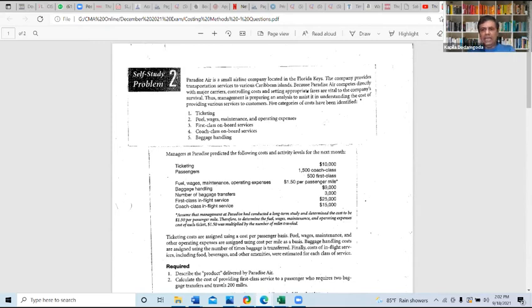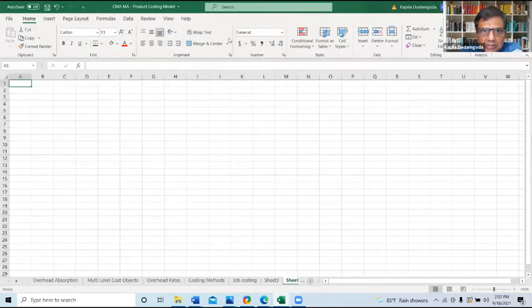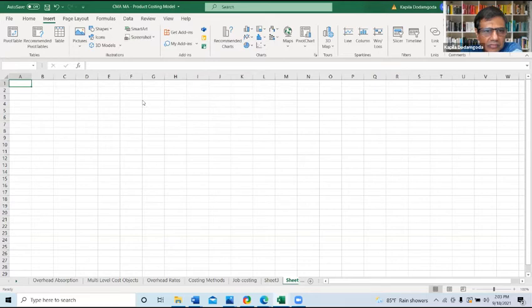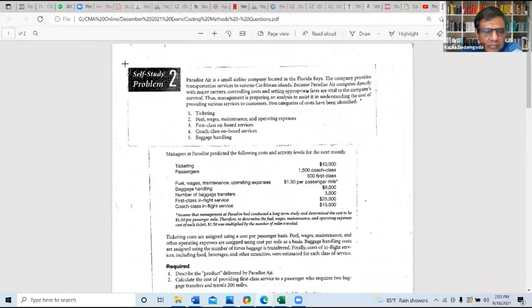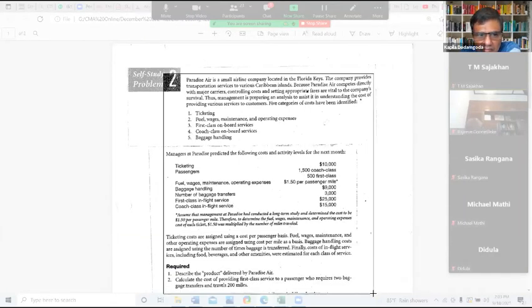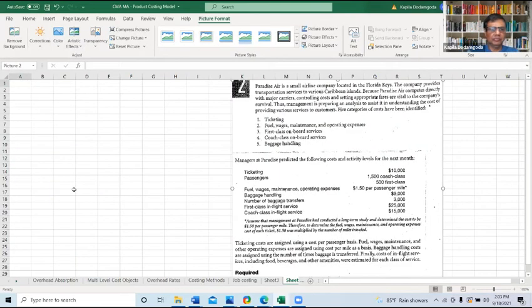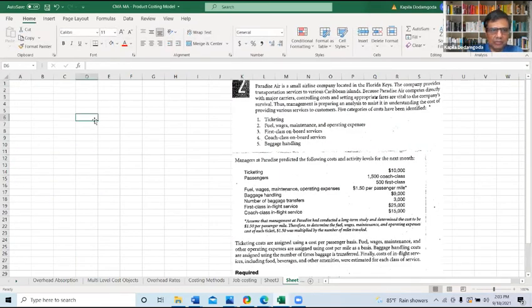You can take 3-4 minutes and take a quick look at this, and then let's discuss it together. You can read it and do your own computations.